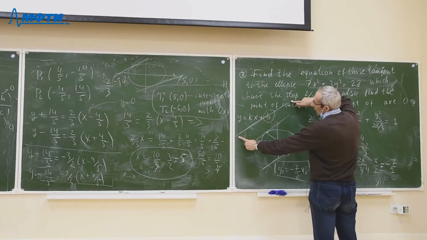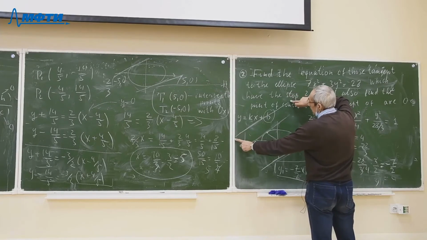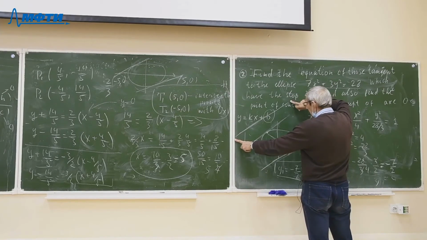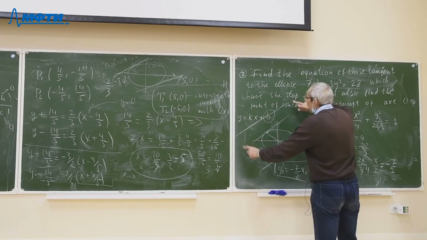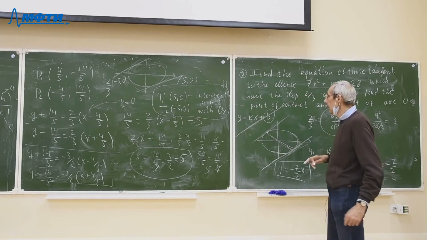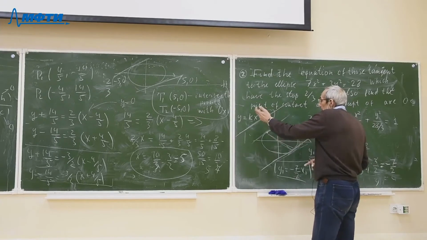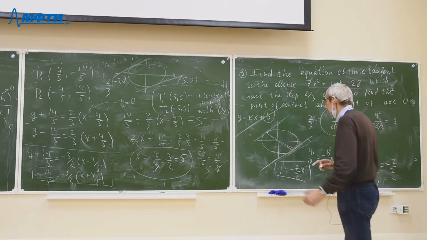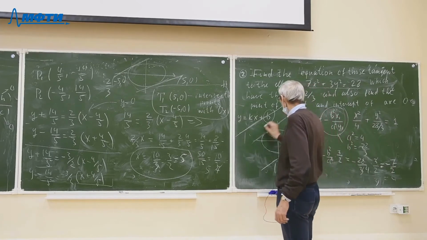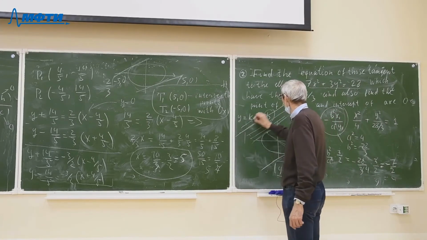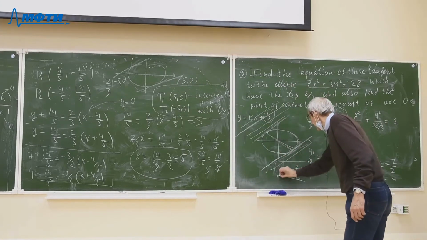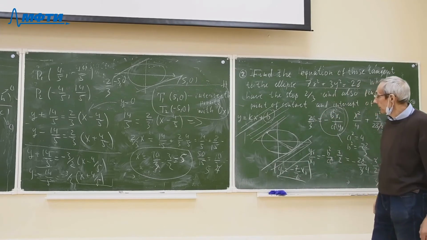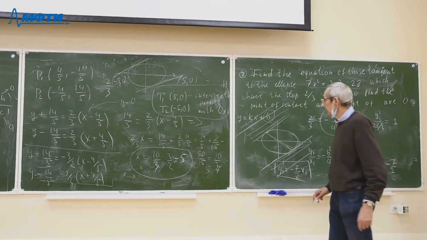If you have a family of straight lines, all of which have the same slope, we can choose from these the tangents to our ellipse. We have infinitely many straight lines.